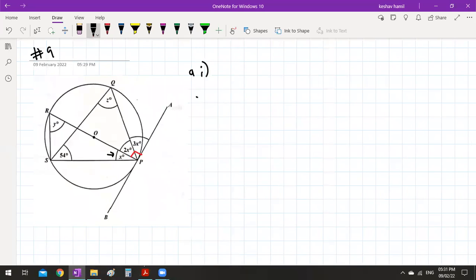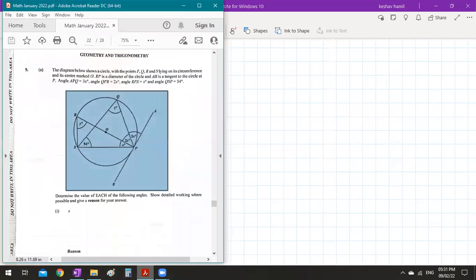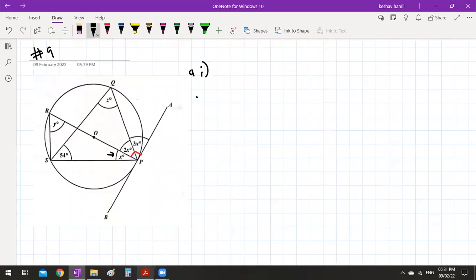part A, part 1, just making sure it's x there. So first, x. We could say that 2x plus 3x is equal to 90 degrees.